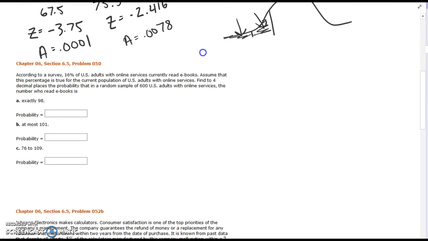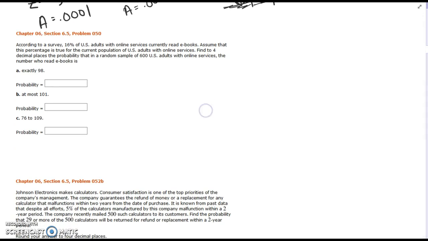We had number 50, very similar. The key thing to remember is to convert your numbers here to shift it by 0.5 as needed. So the probability is 0.16, and n is 600.